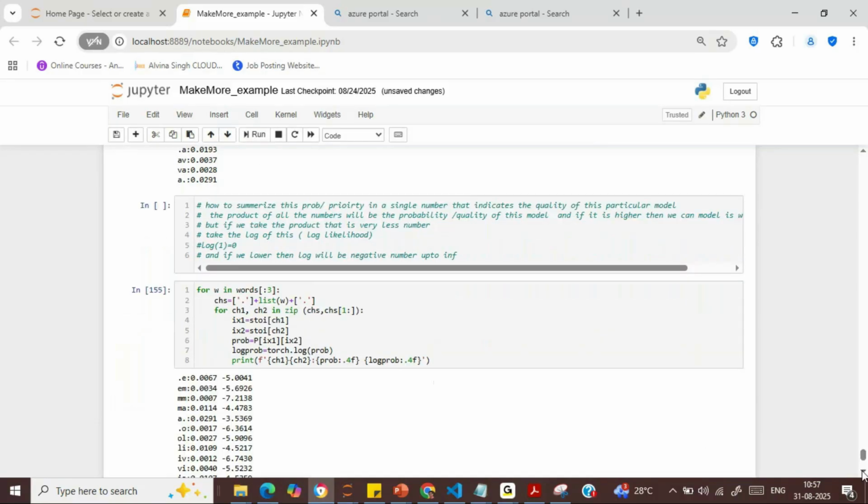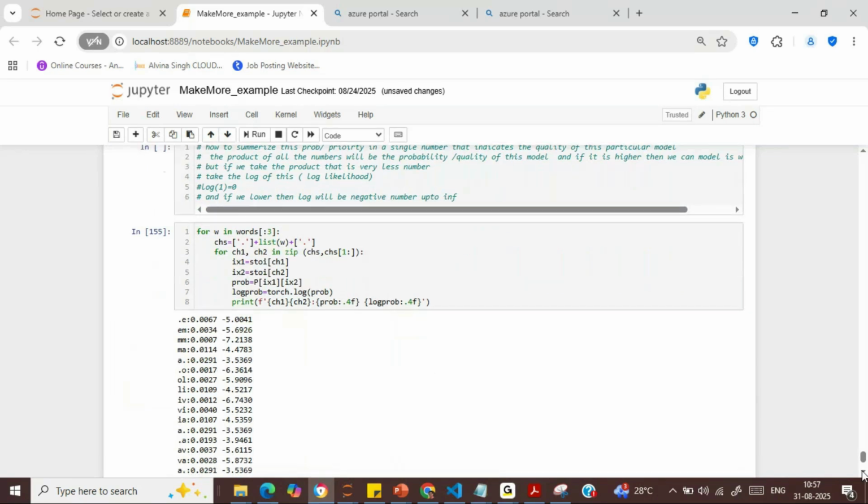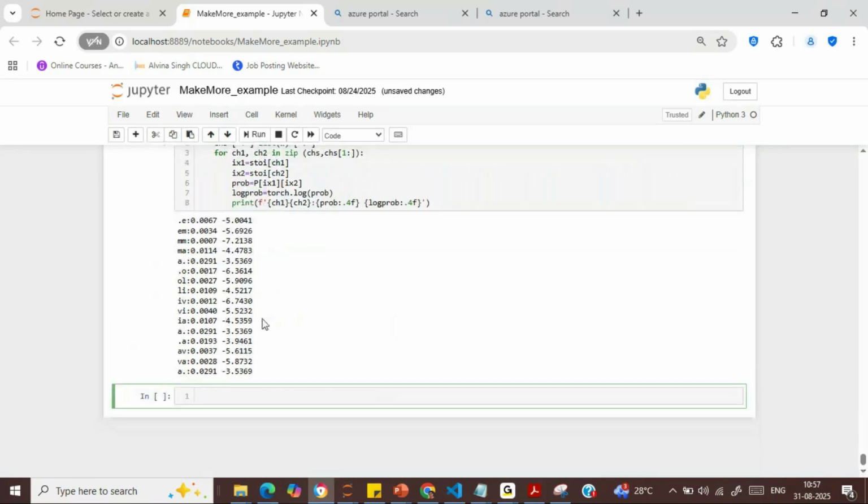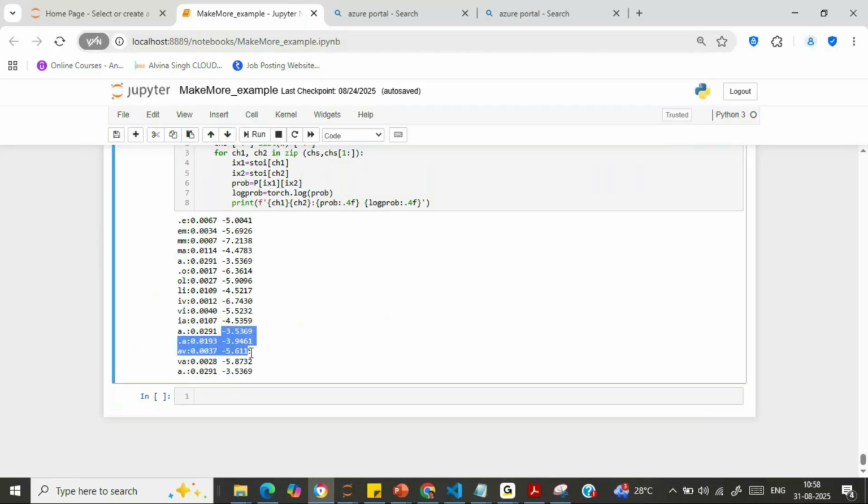So I have taken the log of this particular output. Previously the probability was very small, but at this moment we are getting a somewhat higher number. If these values are less than 1, then we get the outcome in negative.